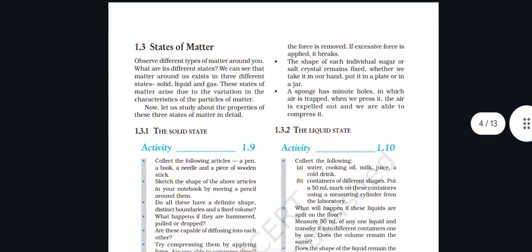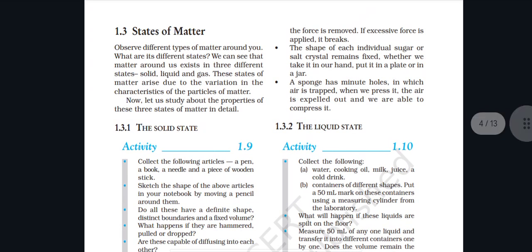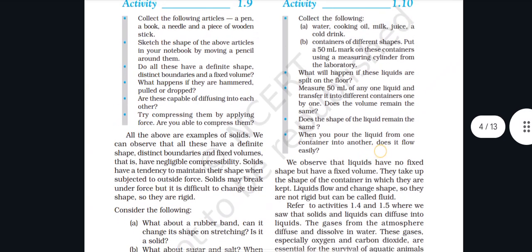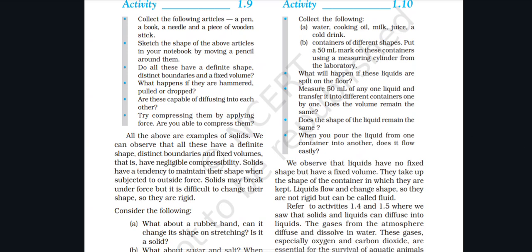Next, states of matter. Students, as we have already studied, there are three states of matter, which are solid state, liquid state and gaseous state. First, solid state. There are so many solids like a pen, a book, a needle and a piece of wooden stick. All of the above are examples of solids.